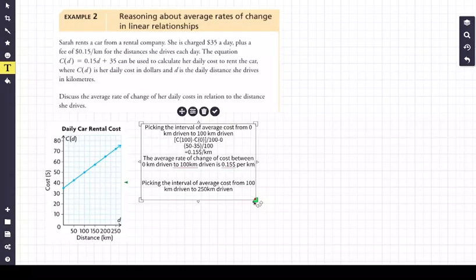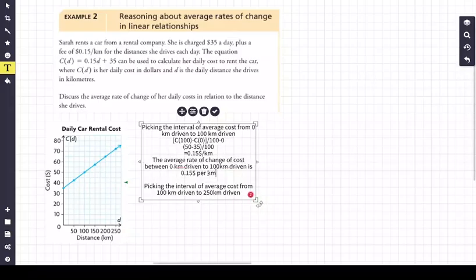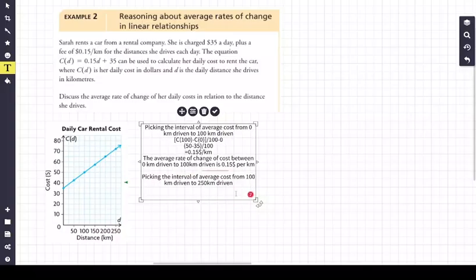All right. Let's move on to our second interval. We pick the interval from 100 to 250 kilometers driven. So C(250) minus C(100), over 250 minus 100. Let's plug in C(250). What's 250 times 0.15? That's 37.5, plus 35. So 72.5.